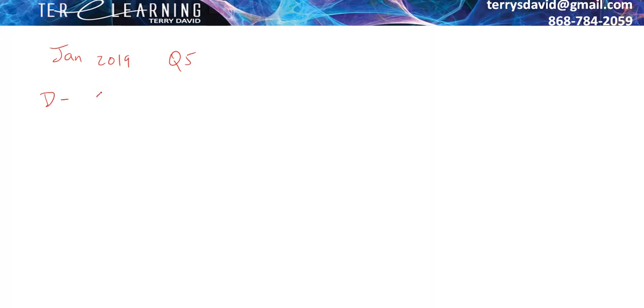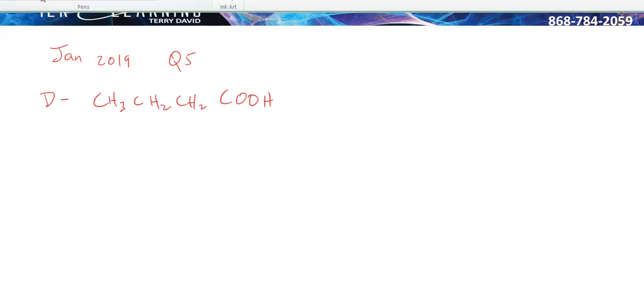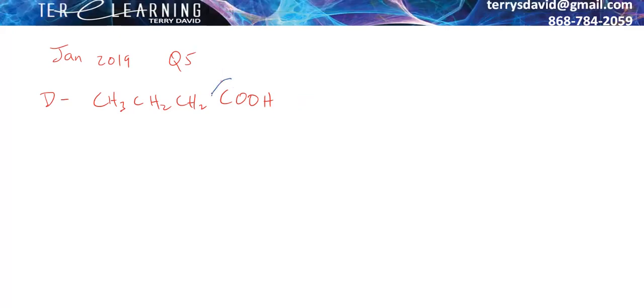It is CH3, CH2, CH2, COOH. And in this compound we have 4 carbon atoms, right? Now, if we look carefully, this is my functional group present here.